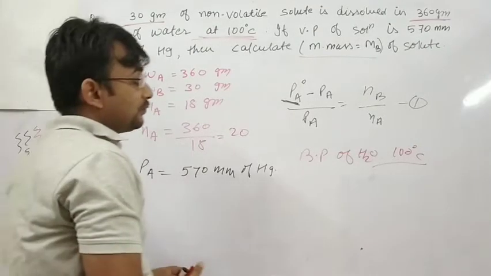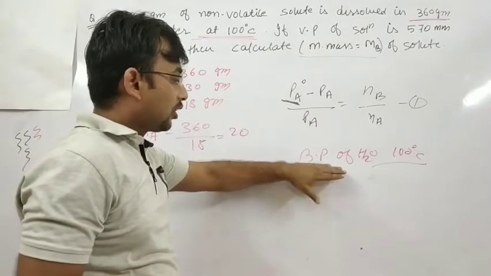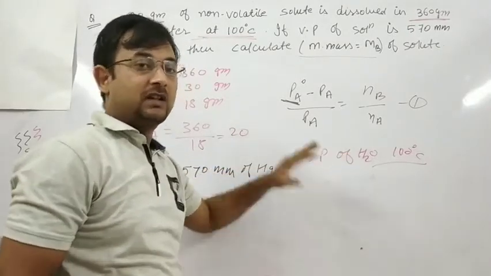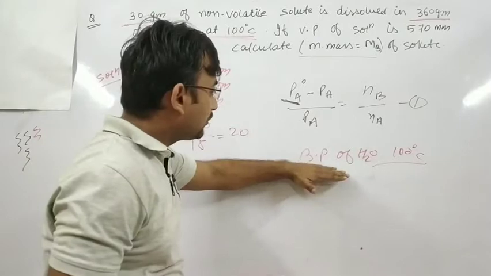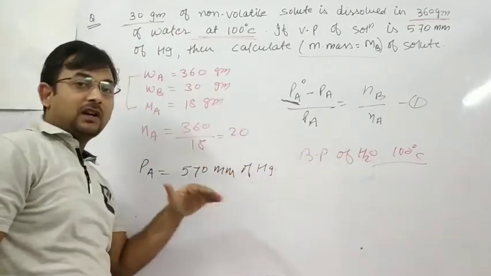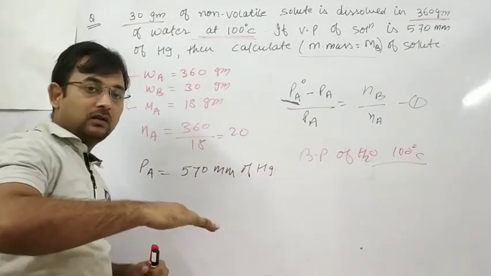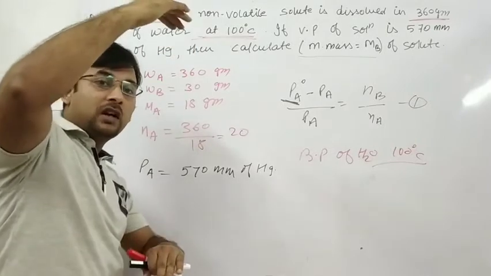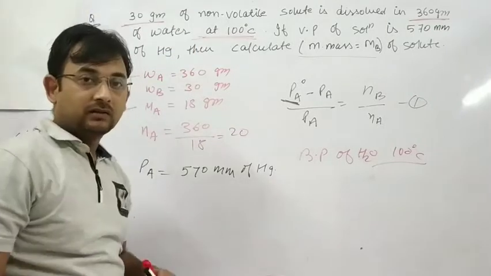Many things we know. Don't apply the concept that it is a bulk phenomenon or something. According to the definition, boiling point is the temperature at which vapor pressure becomes equal to external pressure, or we can say atmospheric pressure, isn't it?